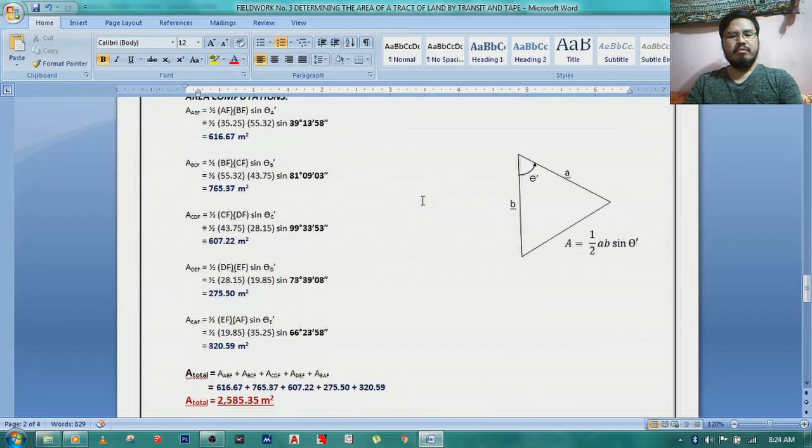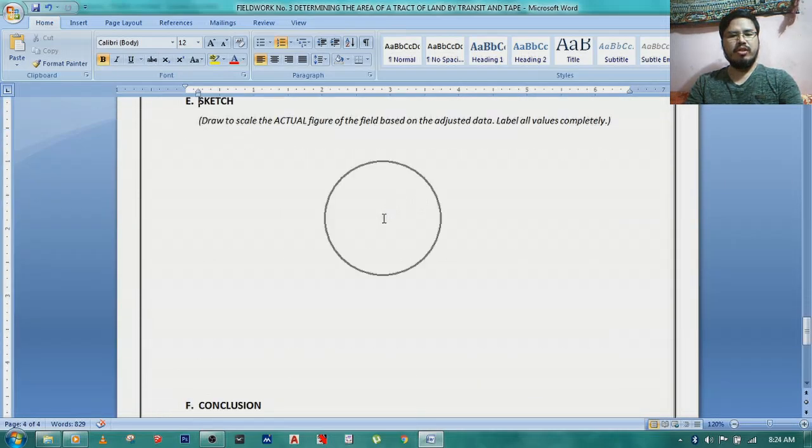So you are going to draw that here. You label all angles, all stations, and all distances. You have the instruction: label all values completely. Draw to scale the actual figure of the field based on the adjusted data.